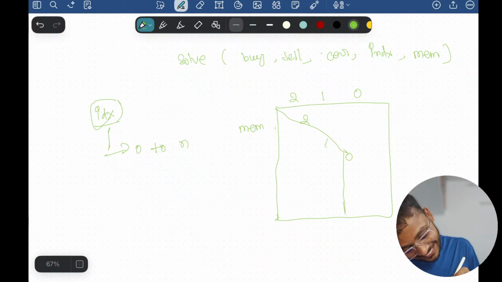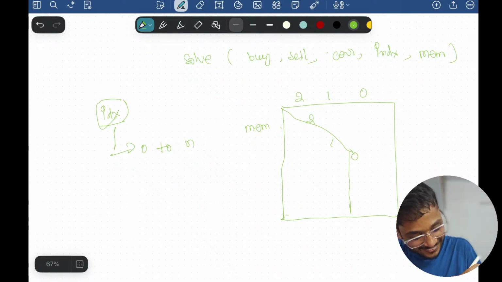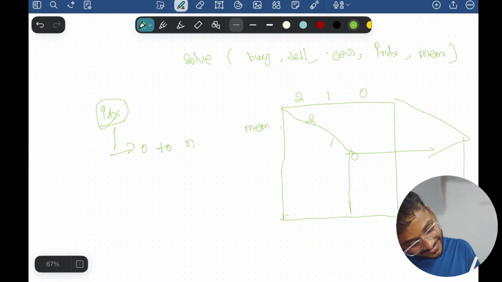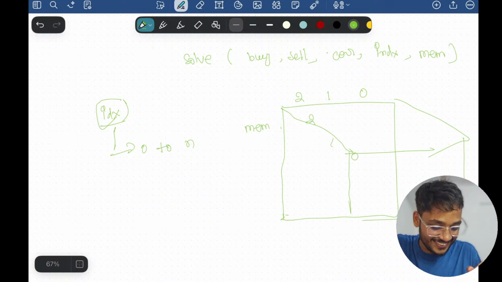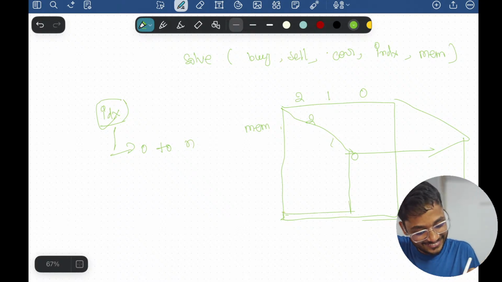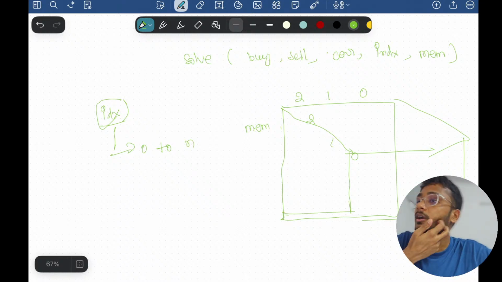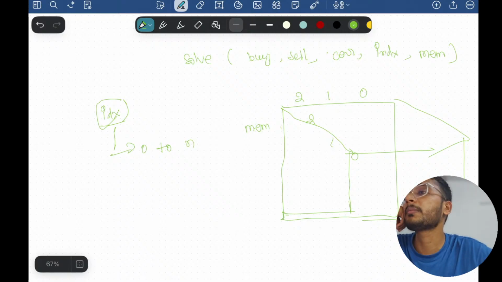I'm just creating a 3D view. No, it's bad. Who will visualize like this? Okay, but we need 3D memory, and I'm thinking it's not a good approach.